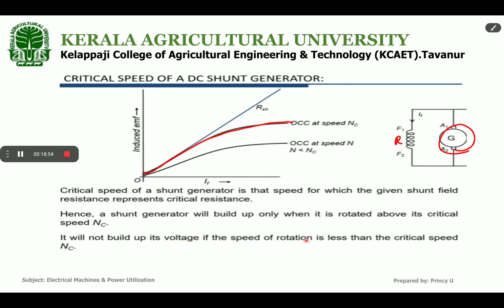Hence a shunt generator will build up only when it is rotated above its critical speed NC. That is, if we set a speed above the critical speed of a generator, that generator can build up voltage. It will not build up its voltage if the speed of rotation is less than the critical speed NC. If we reduce the speed below NC, it will not build up. If the speed is increased, the voltage will build up.